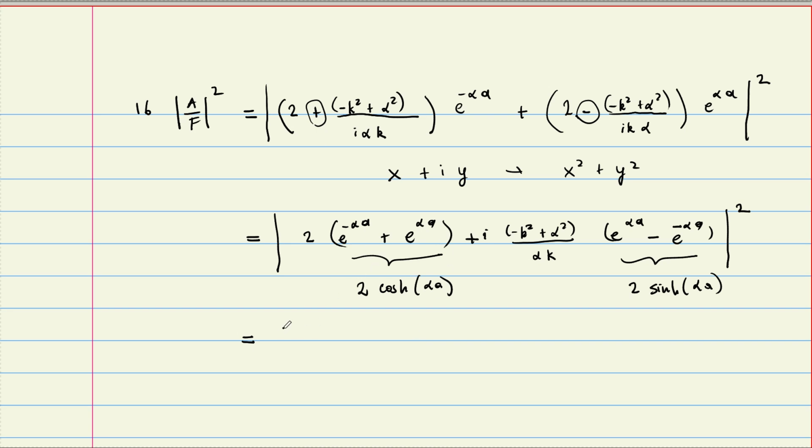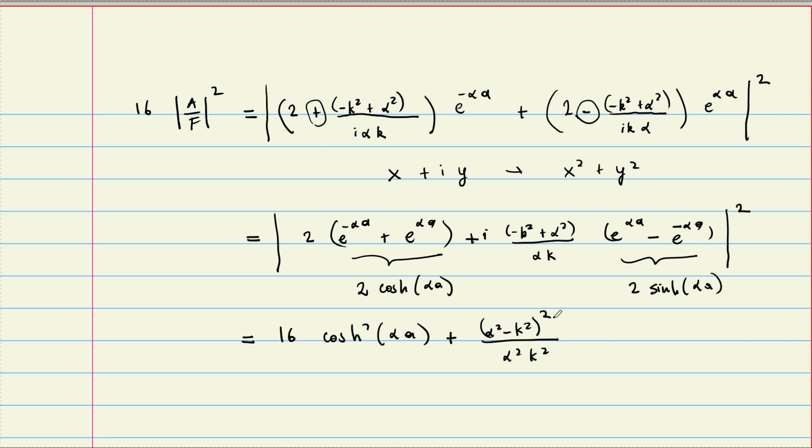Now I can take the square, so the square of the first piece is 2 times 2, 4. If I take the square, it's going to be 16 cosh squared alpha a. And the second one is plus alpha squared minus k squared divided by alpha squared k squared.